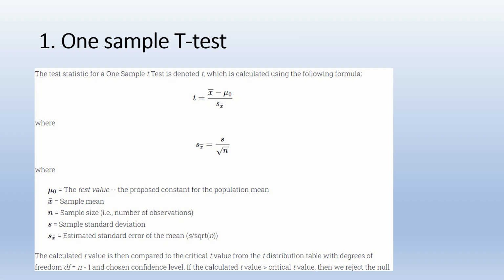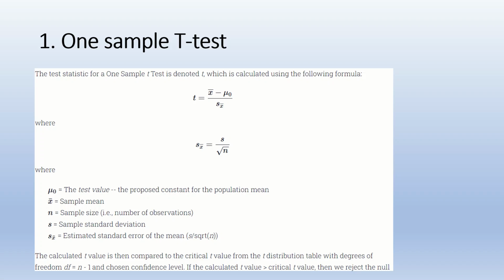For a one sample t-test, this is the formula. It is quite simple. The t-test is X bar minus mu, where X bar is the mean of the sample and mu is the mean of the population, over the standard error of the sample.